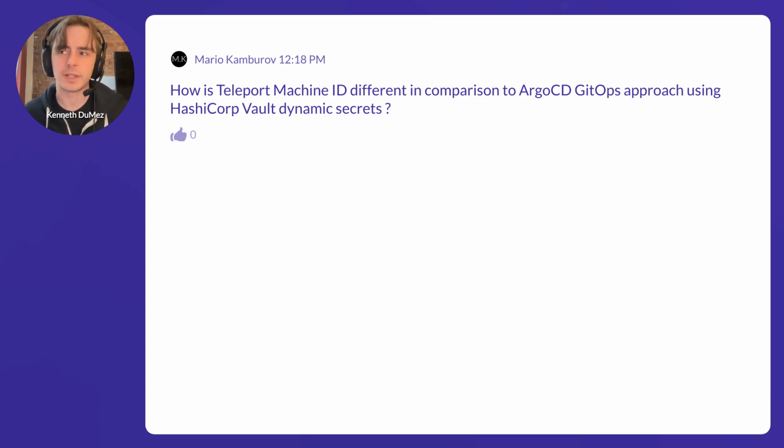And it's a little bit less secure in that way because you have less information about the microservice and about the bot or whatever piece of automation you use tied directly into and built into that dynamic secret.